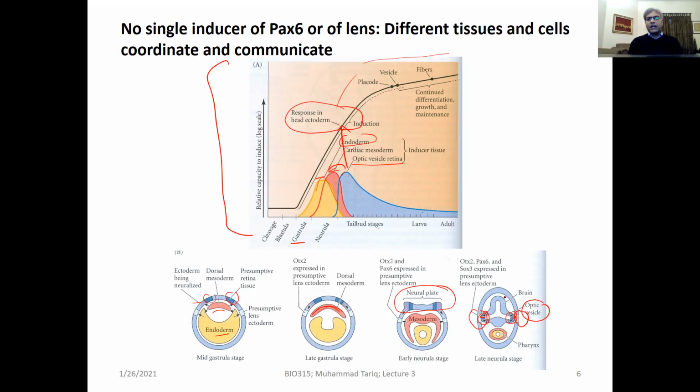And this neural plate is also the earliest brain, as a result of neurulation. Along with these morphological changes, what is important is that you see transcription factors OTX2, then PAX6 expressed in presumptive lens ectodermal cells, which are these ones, and then you have coordinated expression of OTX2, PAX6, SOX3, etc.